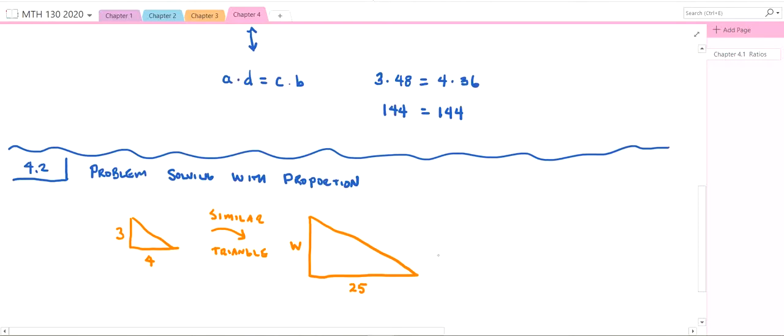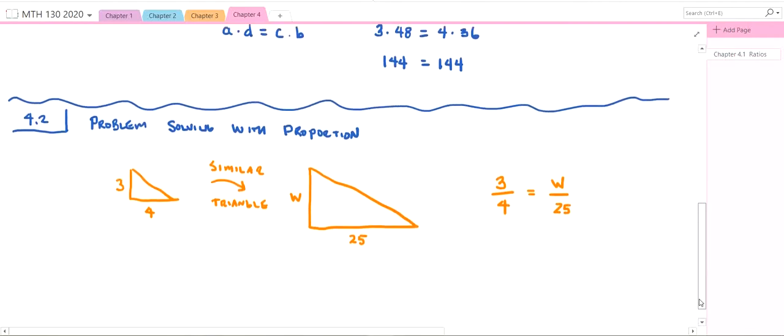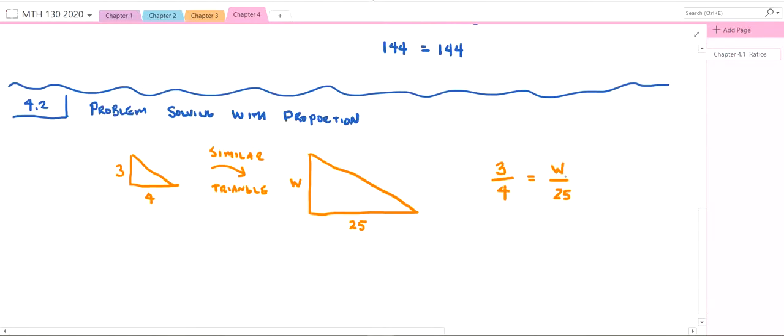Well, we can use proportions to figure out what W is, because we can relate these things. We can say that 3 over 4 in a similar triangle is going to equal W, that's the same side as the 3 side, over 25. So now I can solve for W using algebra. I can multiply both sides. Well, let's go ahead and do this out. 3 over 4, W over 25.